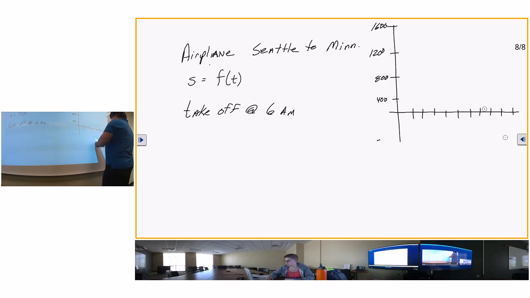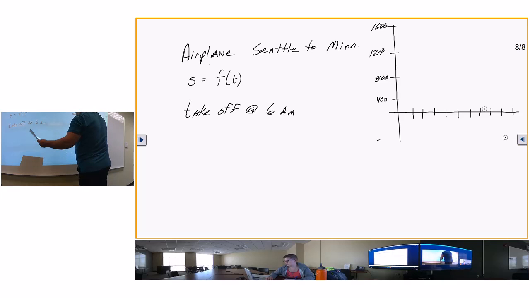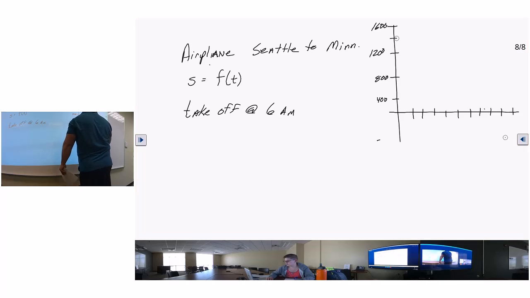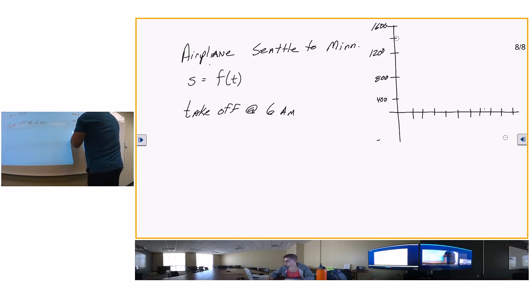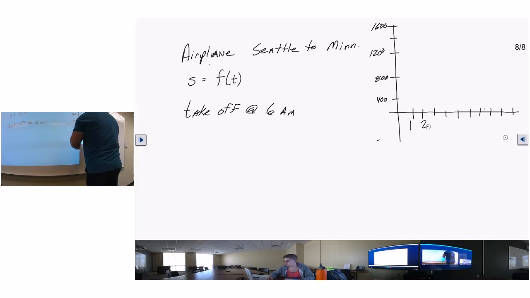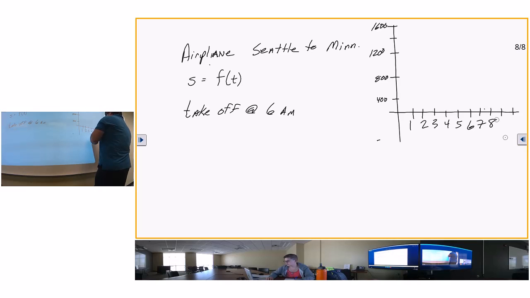Let me just see if I can, let's see. I'm trying to get this graph to look right.